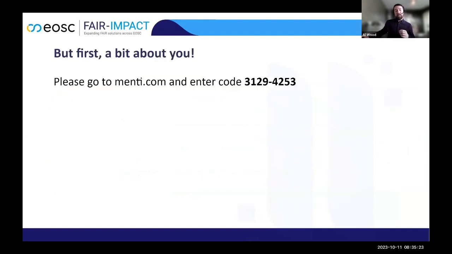So as I mentioned earlier, we'll now look to Mentimeter. What you'll need to do is go into your smart device or on your computer and type in menti.com. That's M-E-N-T-I dot com. The code is 31294253.